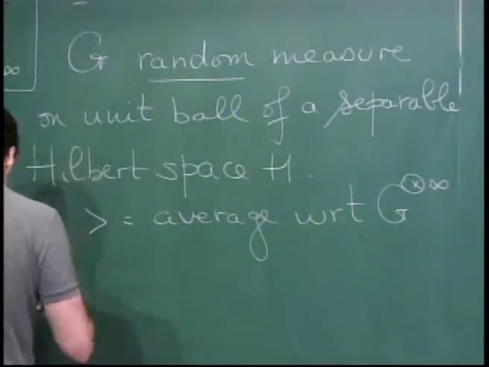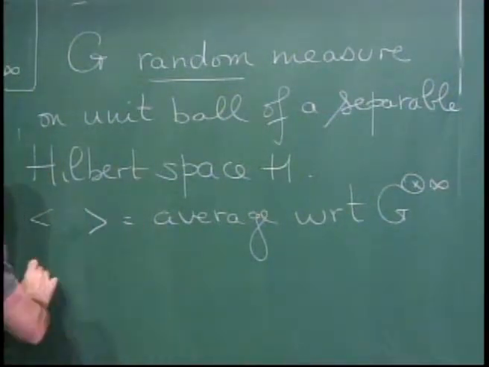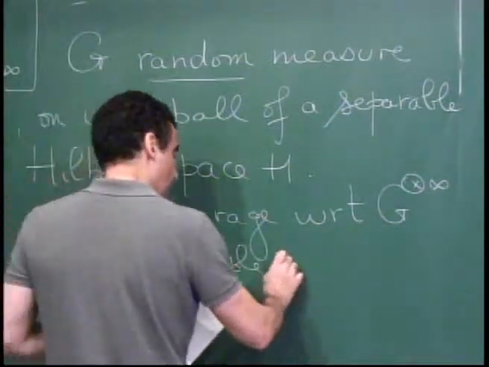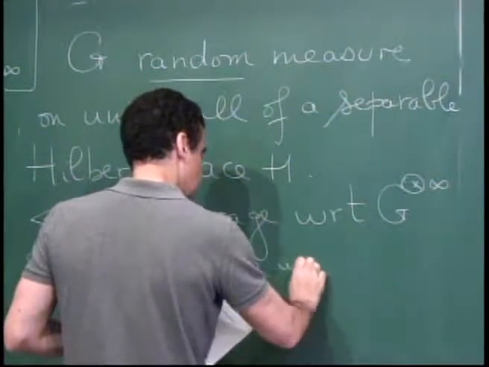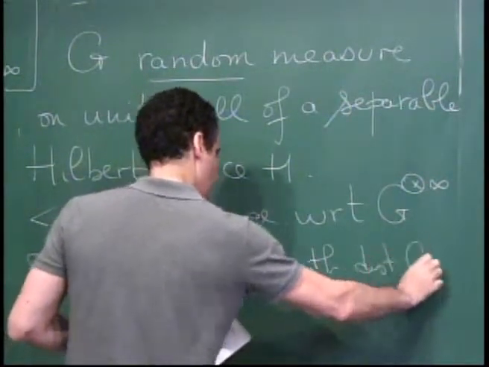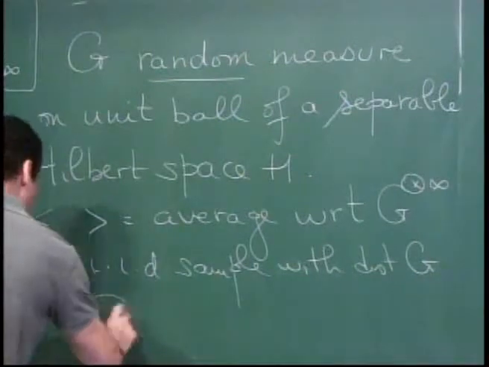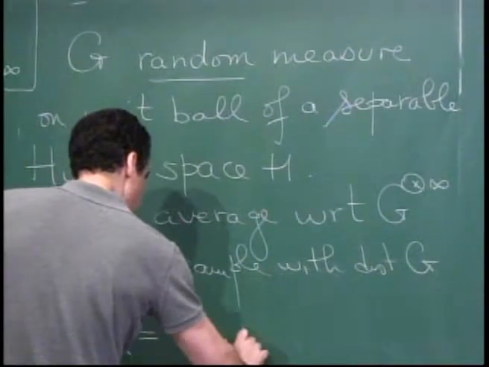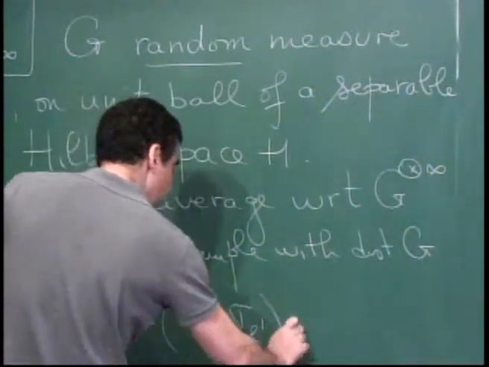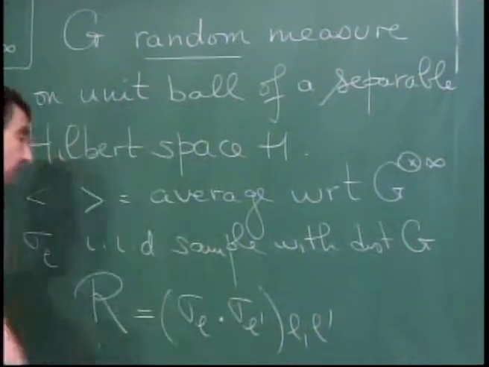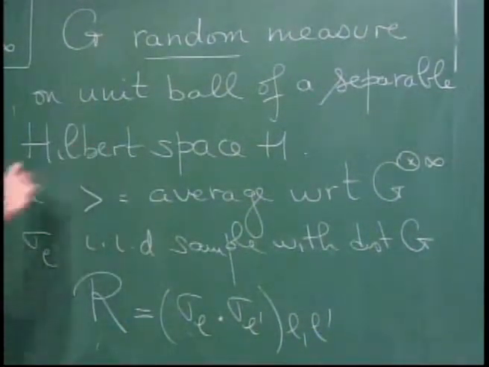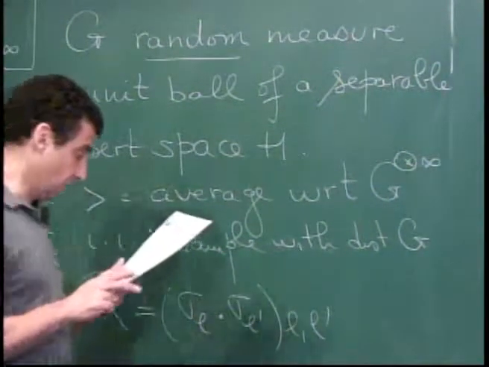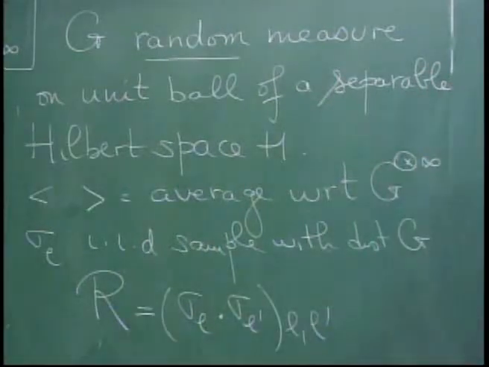So what this means is you've taken sigma L, an IID sample with distribution G. And you look at the overlap, which is given by sigma L inner product sigma L prime, where of course this inner product is the inner product in the Hilbert space H. All right? For the moment, let me forget the diagonal question.